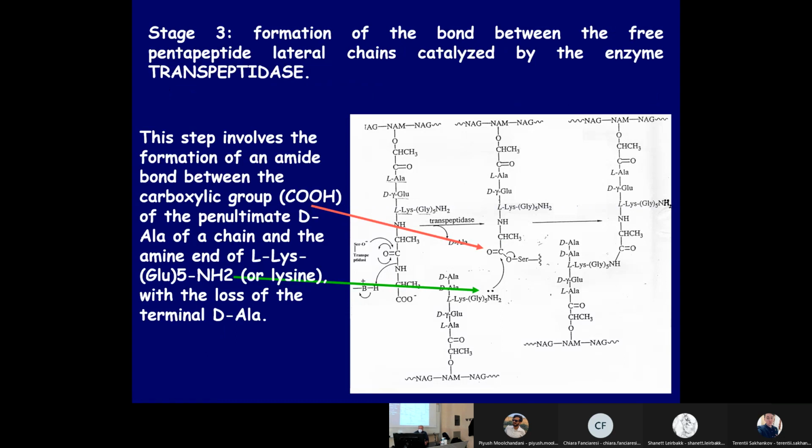What happens in the biochemical synthesis of peptidoglycan? How can the pentaglycine bridge attack the two final D-alanine residues?